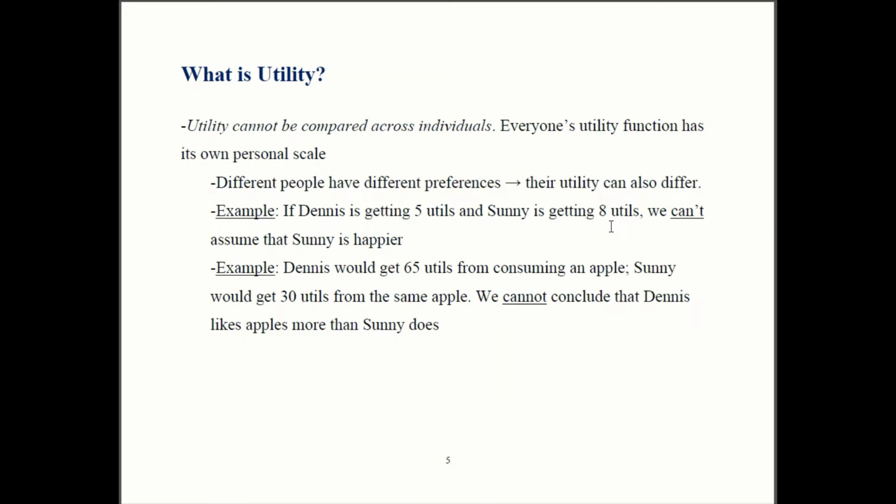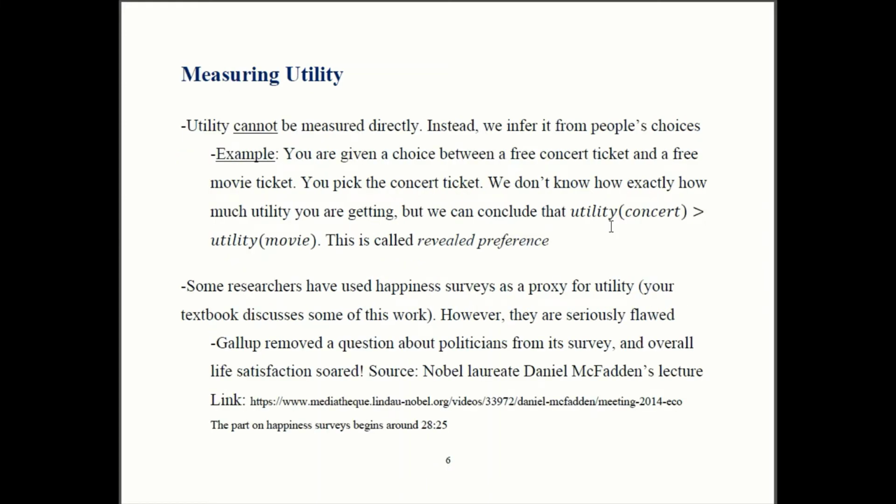In case you're wondering, if no one knows what their utility function is, then how do we work with them? It turns out if you watch people make a lot of choices, you can deduce their utility function. We can't measure it directly. There has been a lot of excitement about brain scanning devices and some of the neuroscience stuff that's been developing.